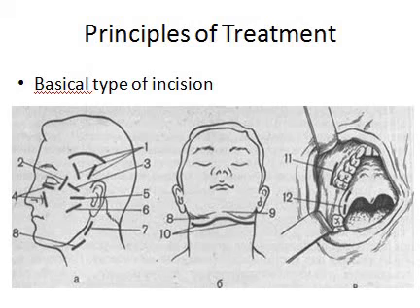So, what do you have to do before the incision? You have to plan your incision. You must not injure the duct of the salivary gland and large vessels and nerves.